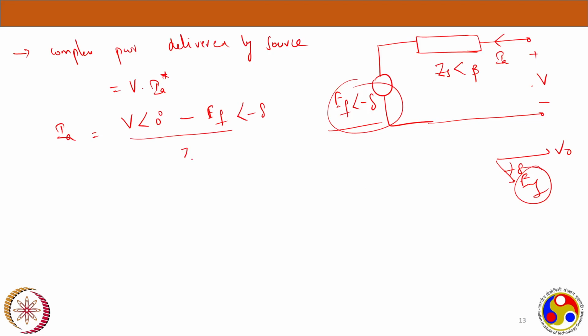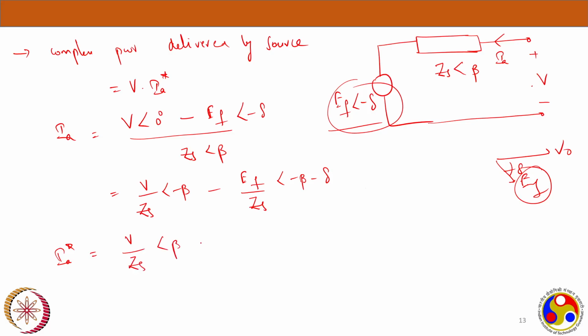I'm just dividing it into fractions: V by ZS at angle minus beta, minus EF by ZS at angle minus beta minus delta. Now what would be Ia star? It would just be the negation of all these angles: V by ZS at an angle beta, the opposite of the angle, minus EF by ZS at angle delta plus beta. Take the minus common and eliminate it.